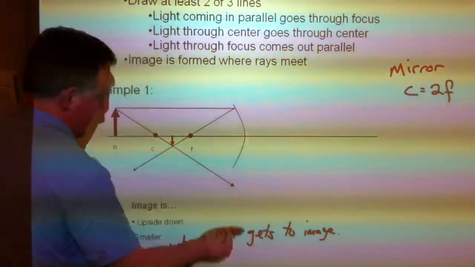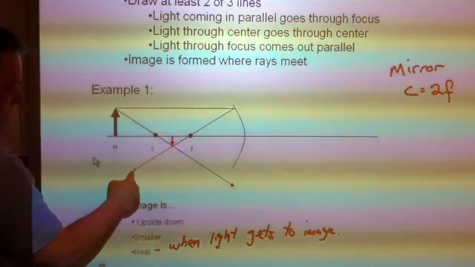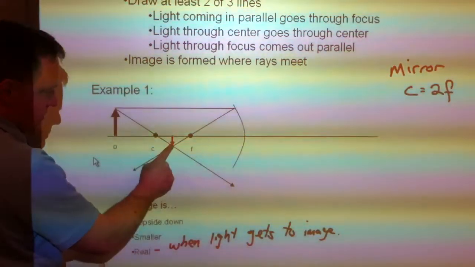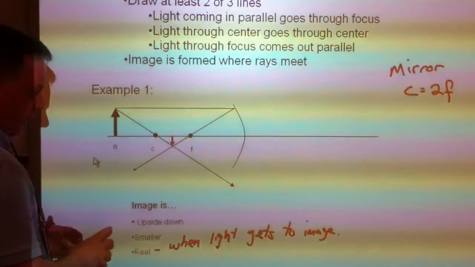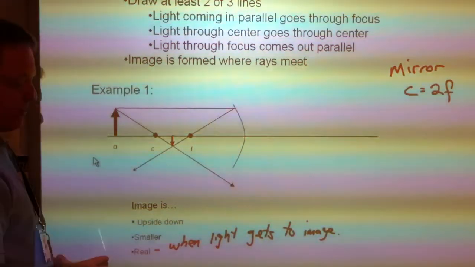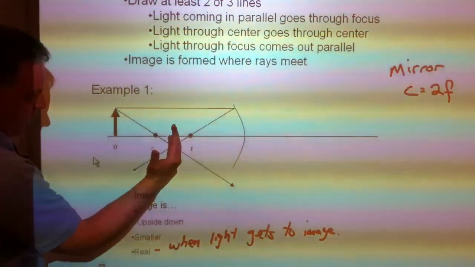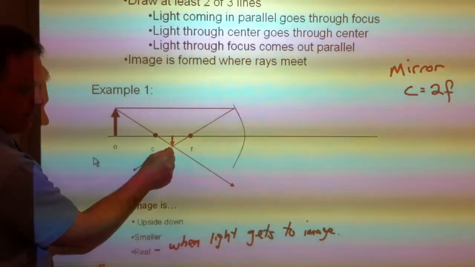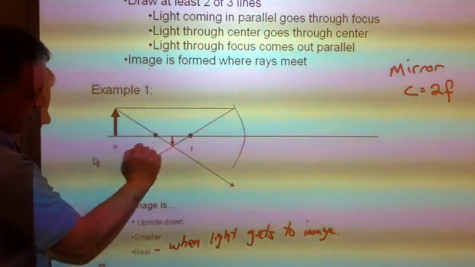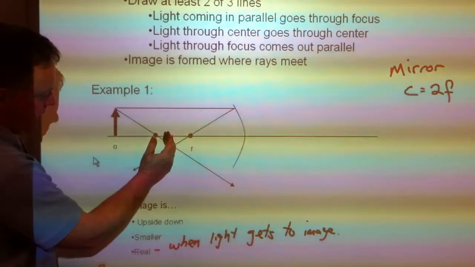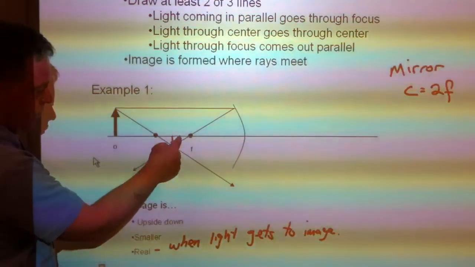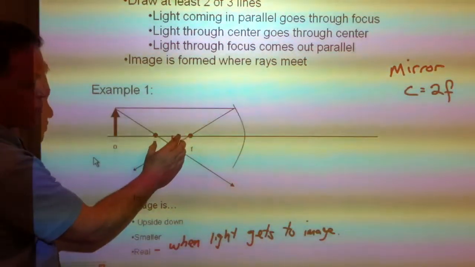So this light can actually reflect off the mirror and end up here. This light can actually go straight through the center and end up there. So when the light gets to the image, we call it a real image. So I could put a screen there, or I could put some film there. Since the light gets there, I'll be able to see this image on the screen, or I'll be able to capture it on film.